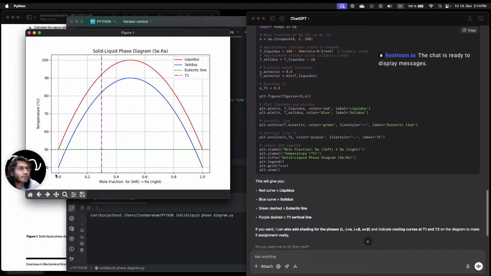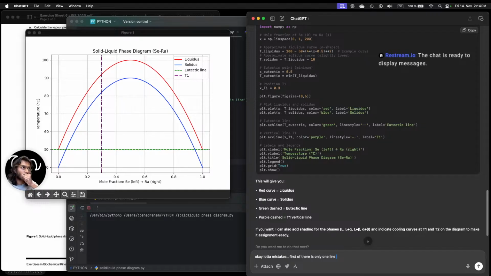Okay, a lot of mistakes. First off, there is only one line, and it starts at a point, then it goes down.